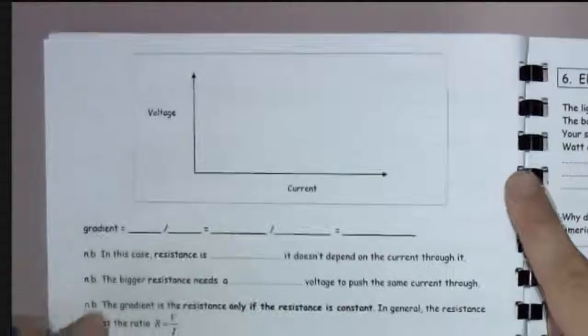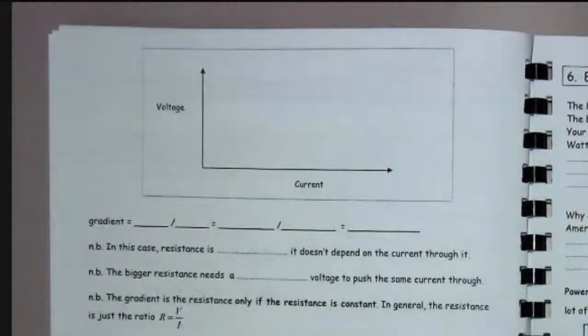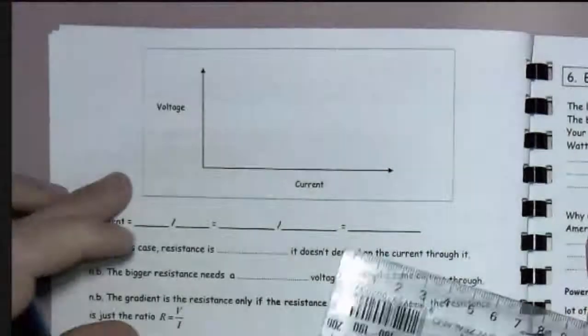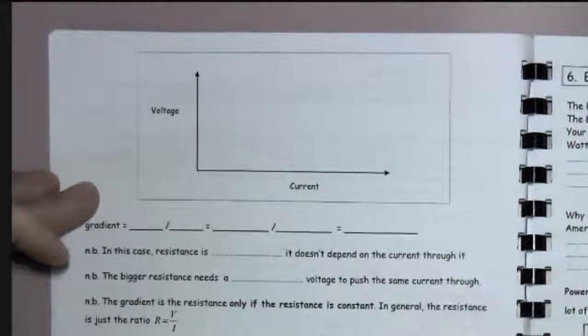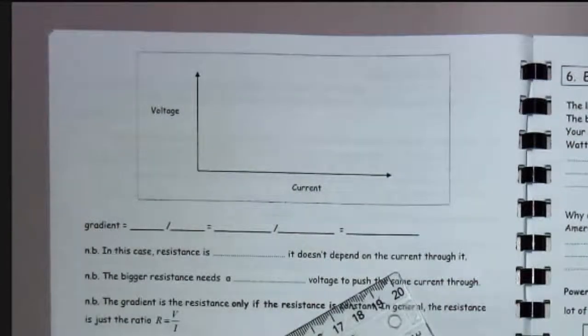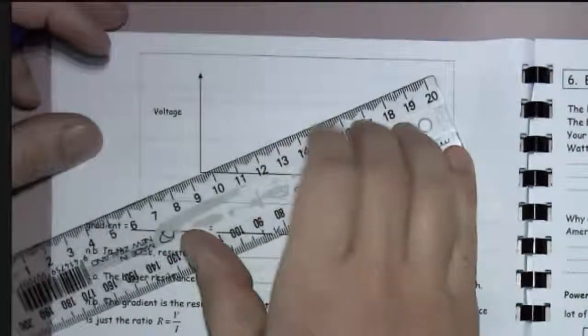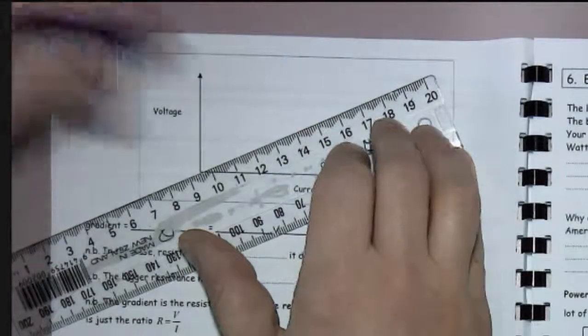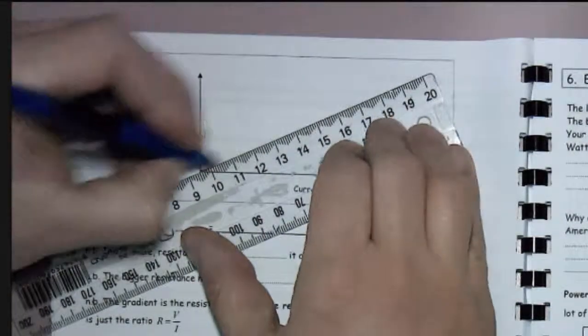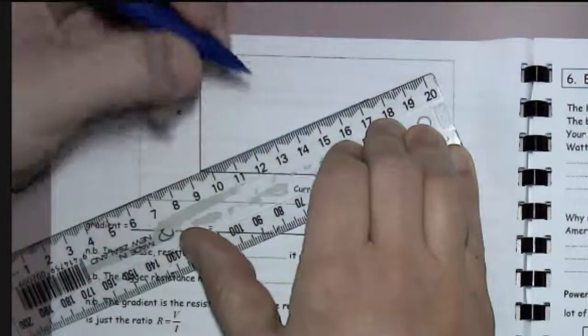Okay, so if we do a simple experiment, and we did do this experiment last year, we find that as we increase the voltage across a resistor, the current will increase.